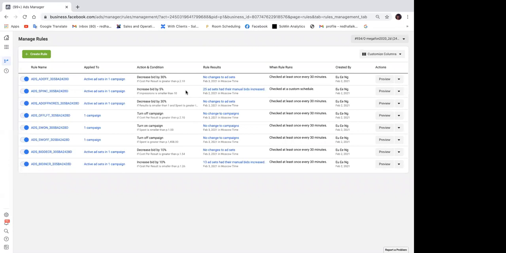What does it mean when you say impressions are smaller than 10? Impressions would be considered also a result. So if I go back to the campaign level, and I see the number of impressions delivered was lower than 10.